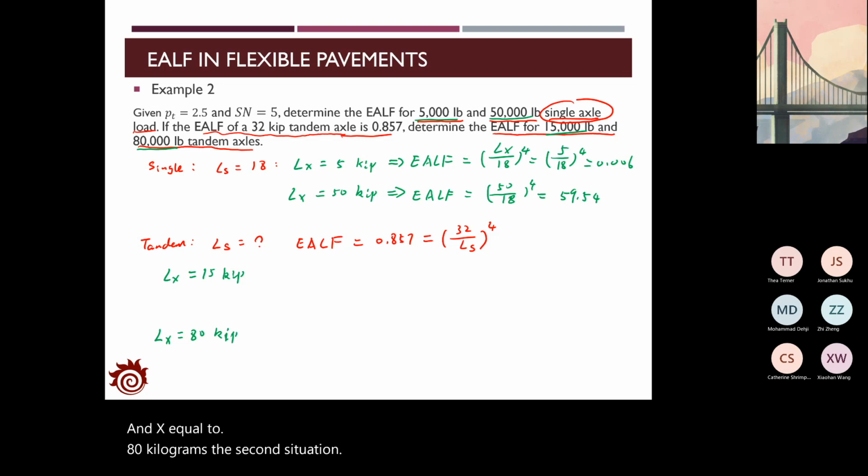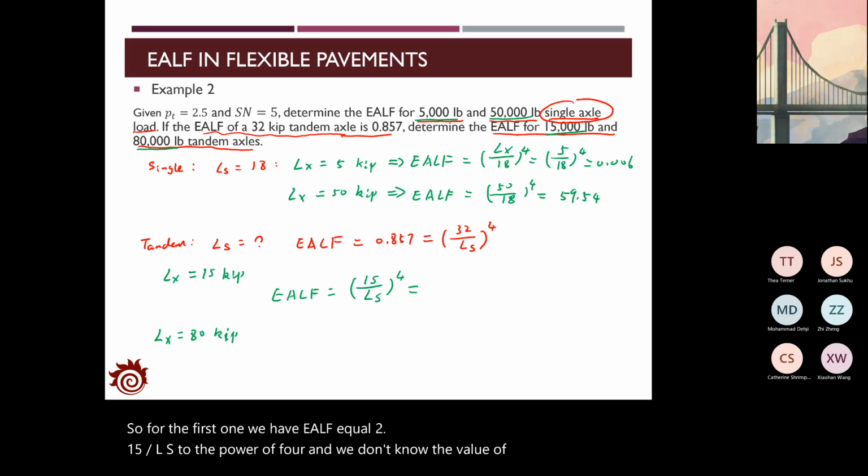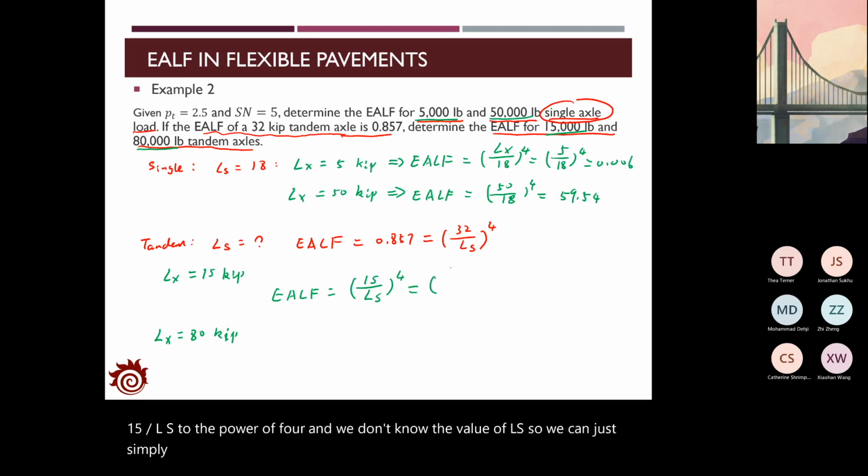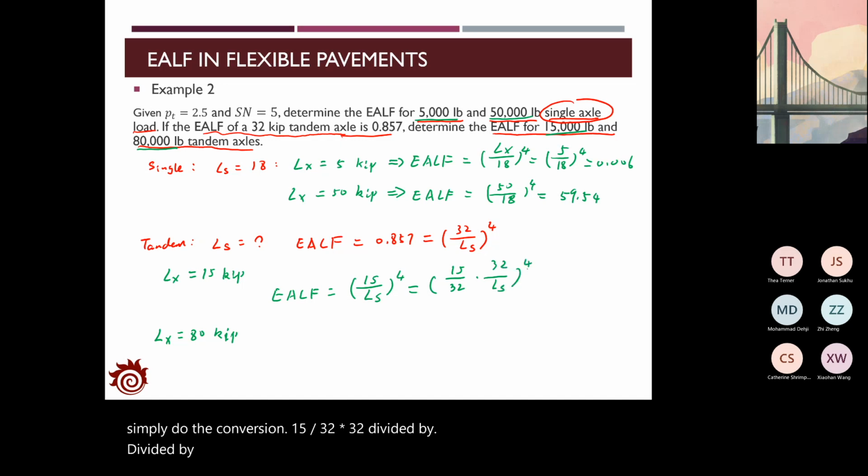So for the first one, we have EALF equal to 15 divided by LS to the power of 4. And we don't know the value of LS, so we can just simply do the conversion: 15 divided by 32 times 32 divided by LS to the power of 4.